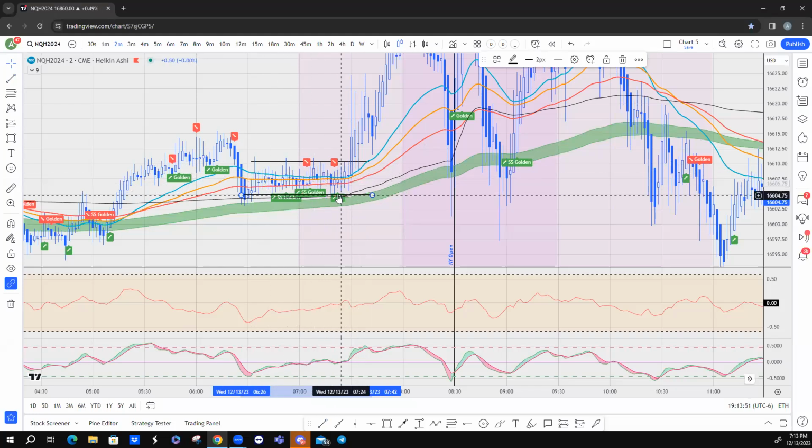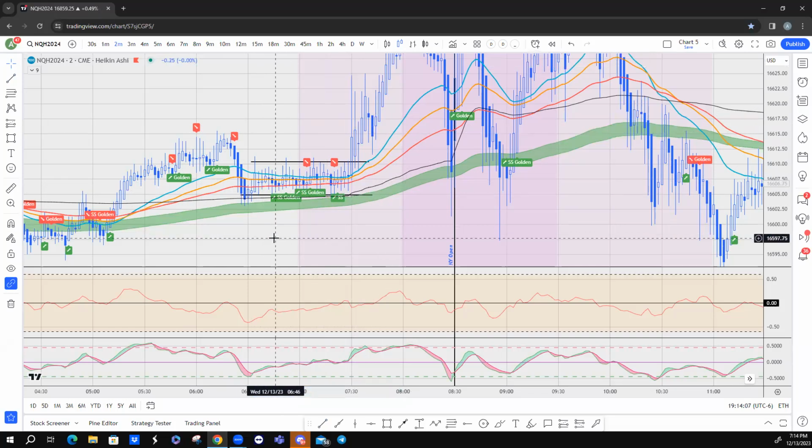But seeing this color sequence and just how everything's positioned gives me a little bit more confidence to get into a long trade once I see a nice little breakout like this. So keep that in mind.